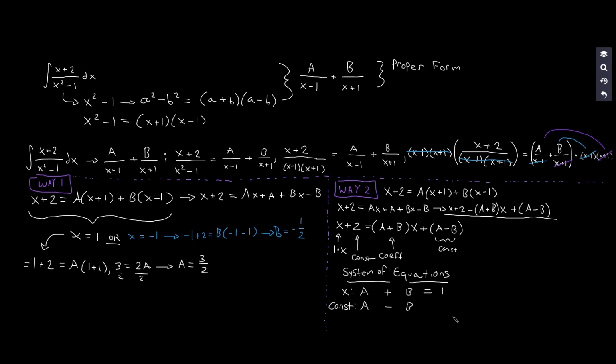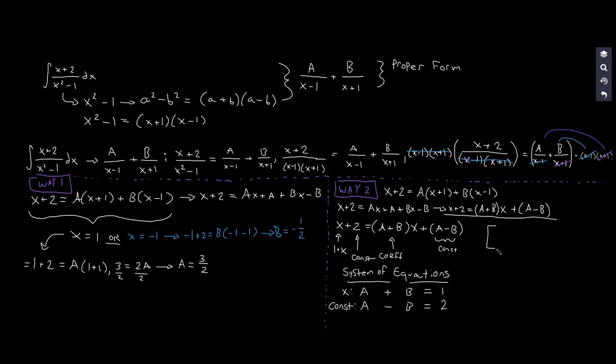We could write this out as a matrix, but I don't want to make it too confusing or do it wrong. Let's see if we have room. The constant on the left-hand side of the equation is 2, so let's write it over here as a matrix.